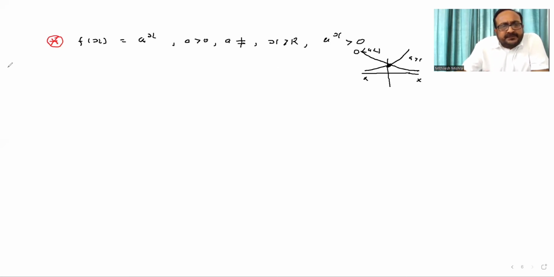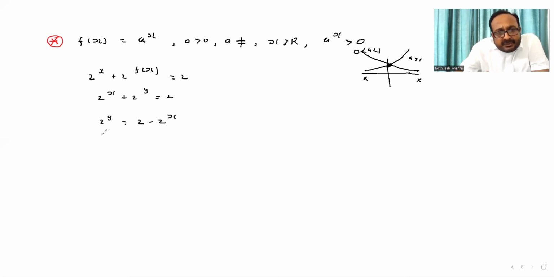It's clear? Just see one example. Suppose 2 to the power x plus 2 to the power f(x) is equal to 2, and you have to find the domain and range. That means 2 to the power x plus 2 to the power y is equal to 2. Suppose f(x) is equal to y. 2 to the power y will be equal to 2 minus 2 to the power x, and this will always be greater than 0, since an exponent is always greater than 0.